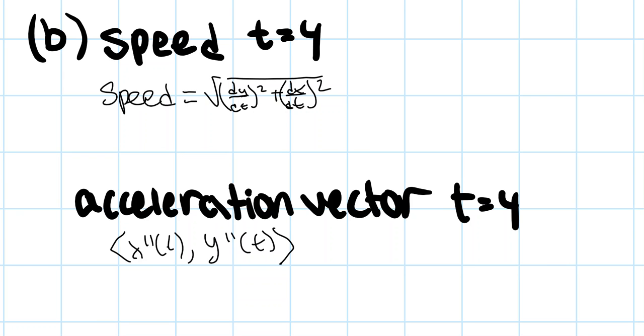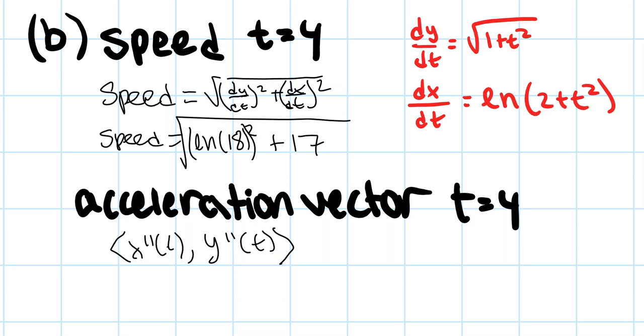I've written out dy/dt and dx/dt and plugged in those values for speed. Putting this into our calculator, we get 5.035 as the speed.